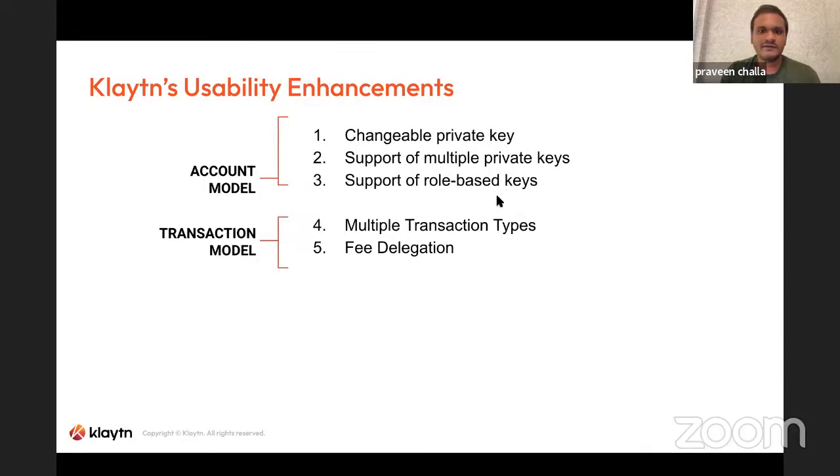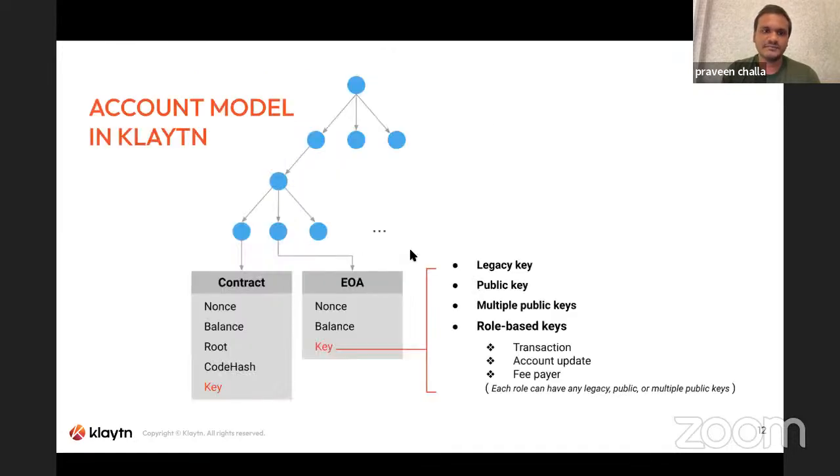And we were also able to give role-based keys. As part of transaction models, with the help of the transaction types that we have created, we were also able to achieve a fee delegation mechanism.